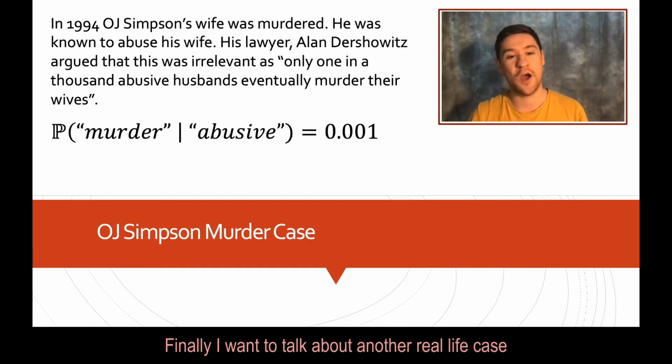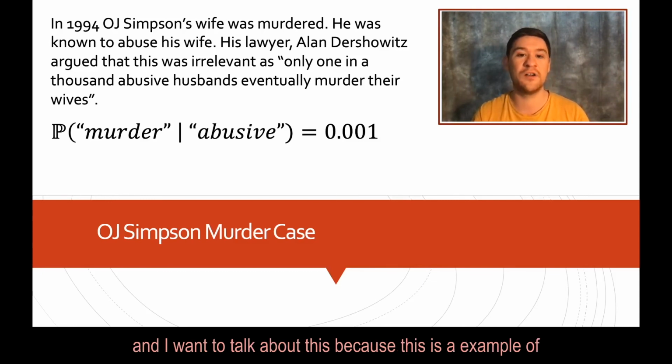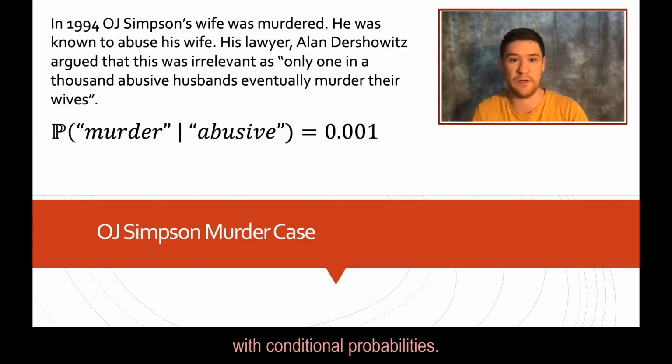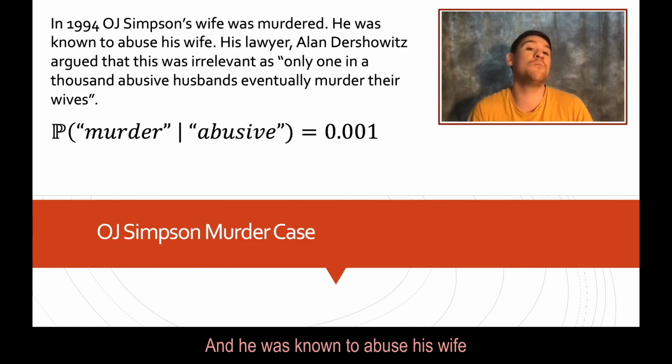Finally, I want to talk about another real life case, the O.J. Simpson murder case, which is a famous case. And I want to talk about this because this is an example of where people can get very confused with conditional probabilities. So, a bit of background. In 1994, O.J. Simpson's wife was murdered. And he was known to abuse his wife.